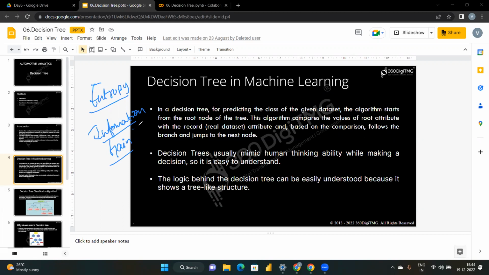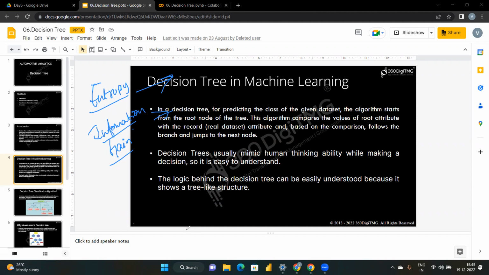Constructing a decision tree is all about finding an attribute that returns the highest information gain and the smallest entropy. Okay. So information gain or IG is a statistical property that measures how well a given attribute separates the training examples, according to the target classification.